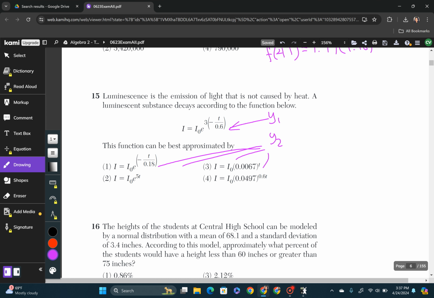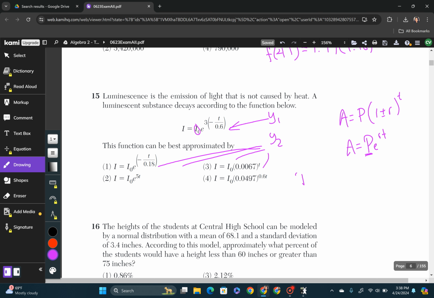Remember, we have A equals P, parentheses, 1 plus or minus R to the T, or the A = Pe^(rt) formula if it's growing continuously. My point was the P is the start amount, so it doesn't matter what the start amount is. Let's just say I0 is equal to 1.